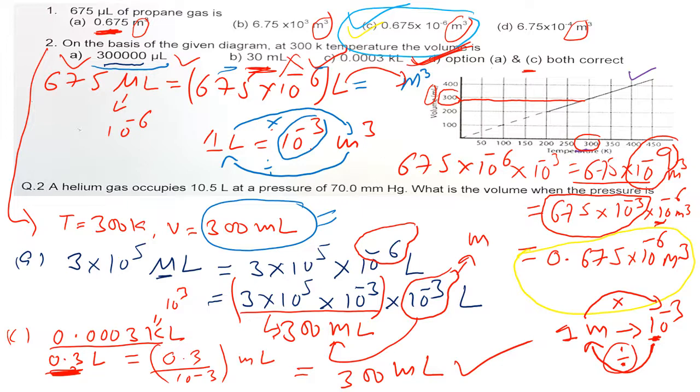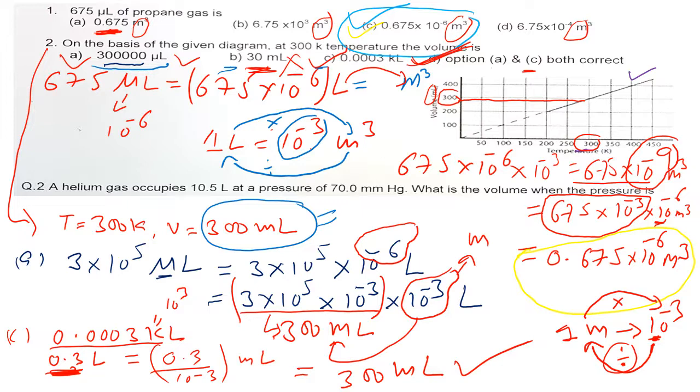So your answer will be, this is your number in liter. So write this number, this is 675 into 10 to the power minus 6, and because you are changing this liter to meter cube, again you have to multiply by this number.